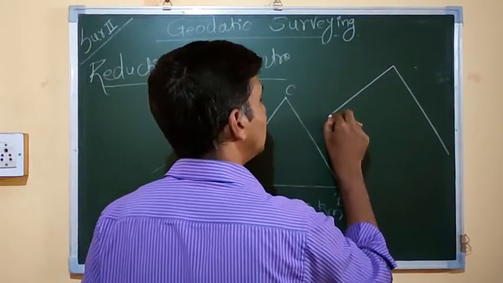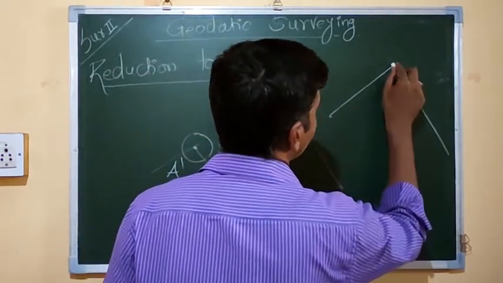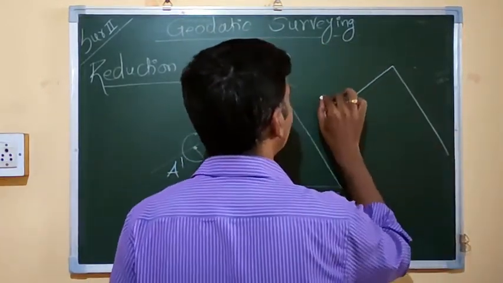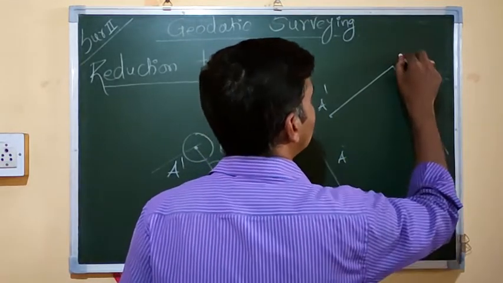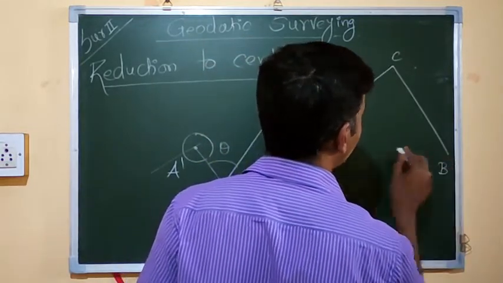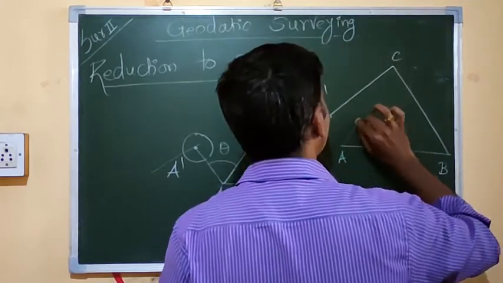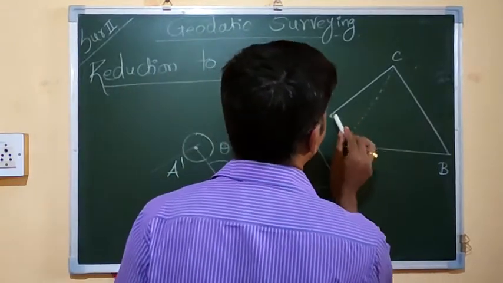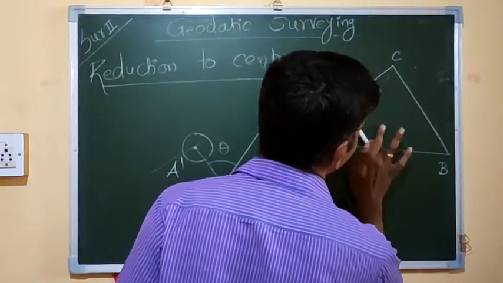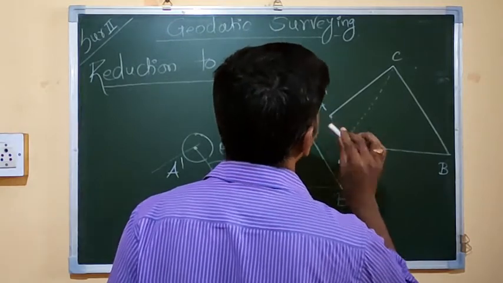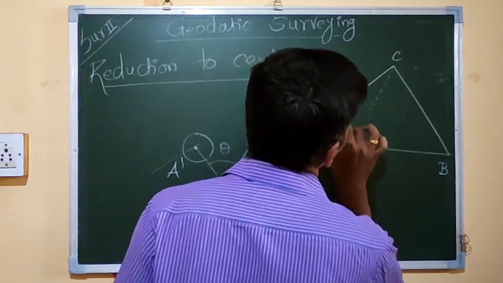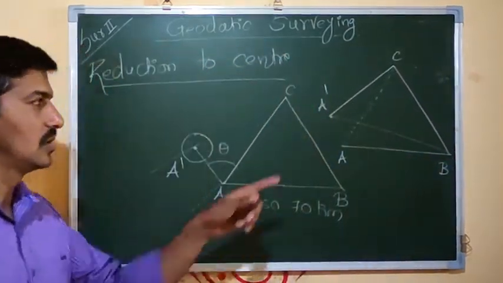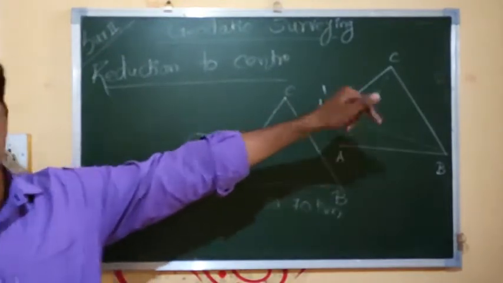Let us say this is A dash, and somewhere I'll have A, say this is C, say this is B. The dotted line is the actual line, but we have changed that line like this. So this is the new triangle: A dash, B and C.